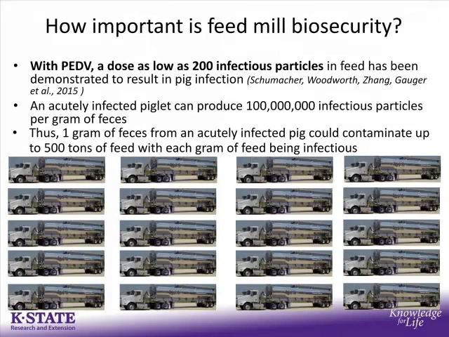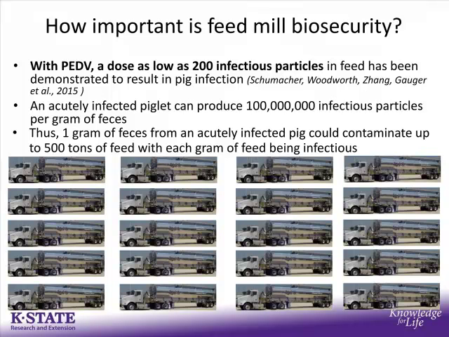It begs the question then, how important is feed mill biosecurity to us? And if you were at my presentation last year when we talked about PED, I talked about a minimum infectious dose study that we conducted where we determined that as low as 200 infectious particles of PED when inoculated into feed was enough to induce infectivity.